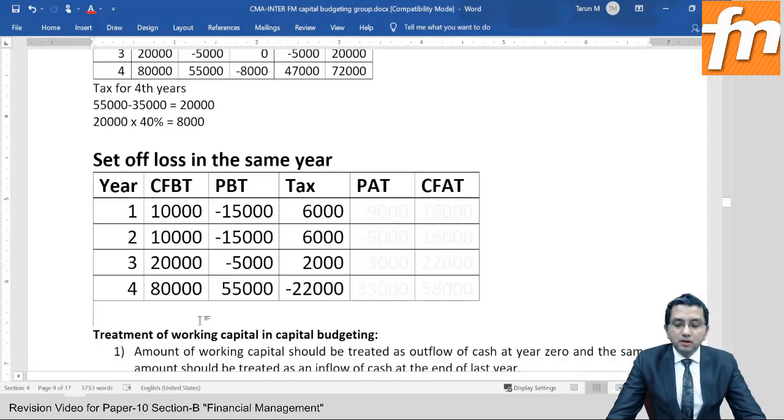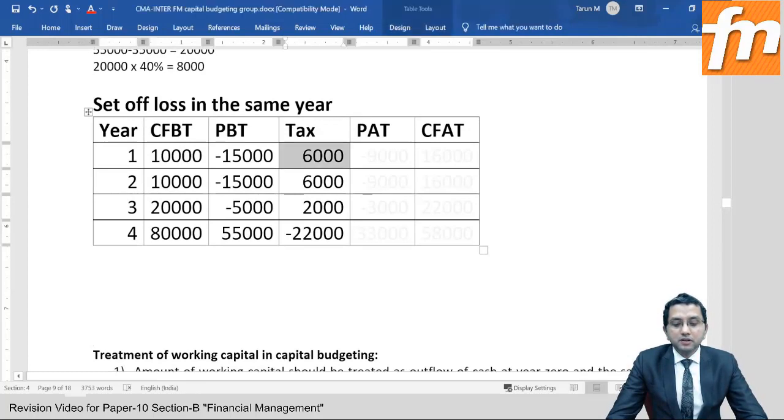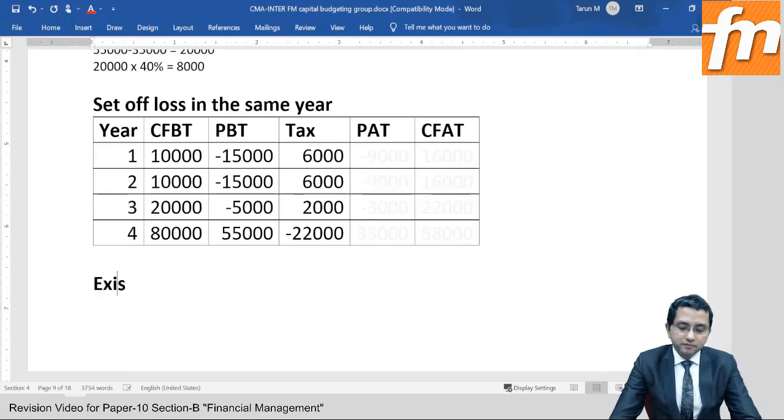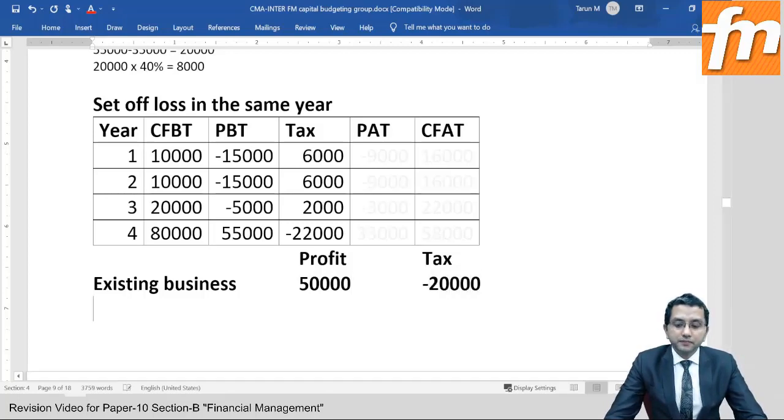Now to give you more clarity, how come this 6,000? Calculation is simple. You take 15,000 multiplied by 40%, and this is how it is 6,000. So suppose my existing business has a profit of 50,000 rupees, and that's why I'm paying tax 50,000 into 40%, that is 20,000 outflow.